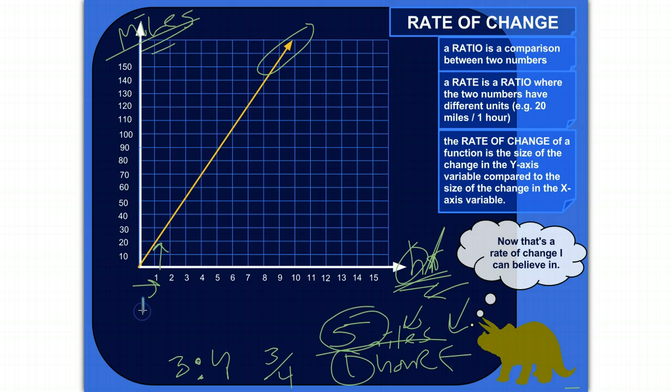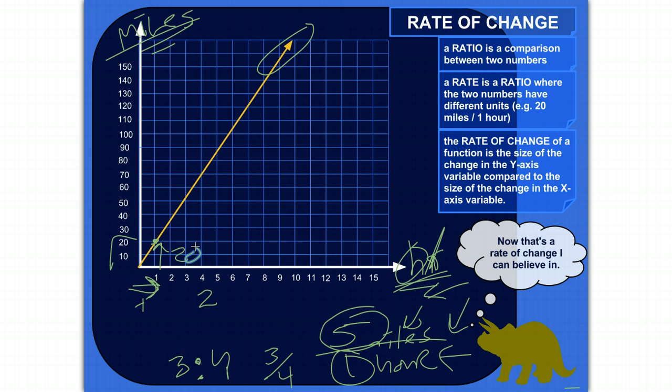So this is an increase of 1, but this is an increase of 2. Or actually this is 20. Sorry, I forgot my scales are in tens here. So when I increase by 1 hour, I'm actually increasing by 20 miles.